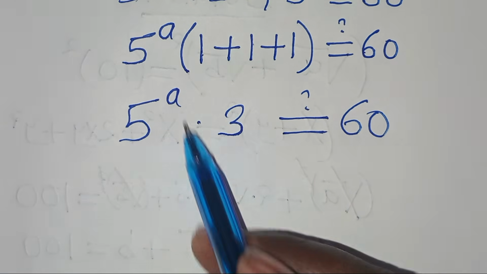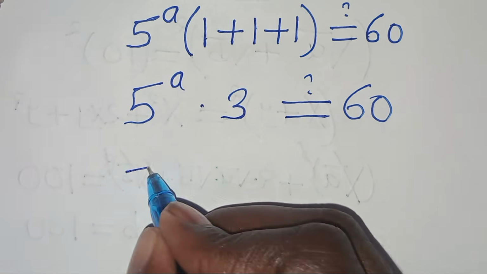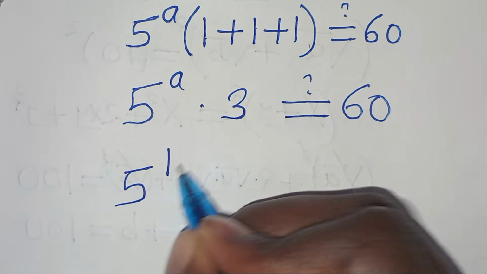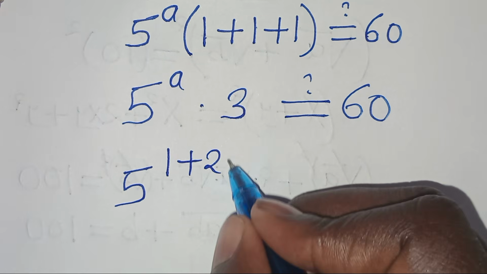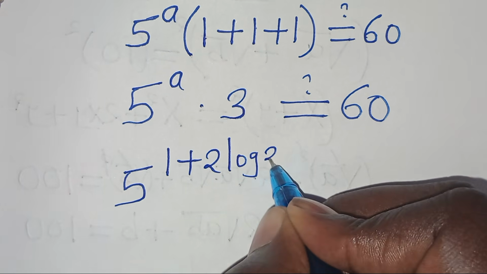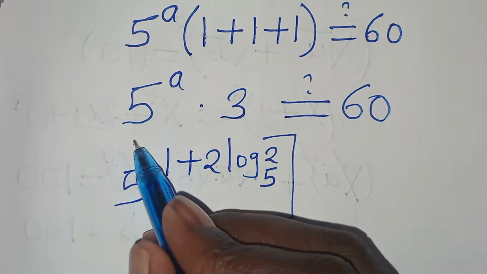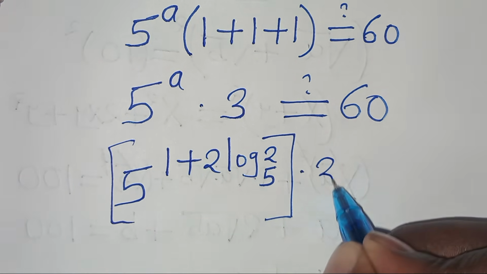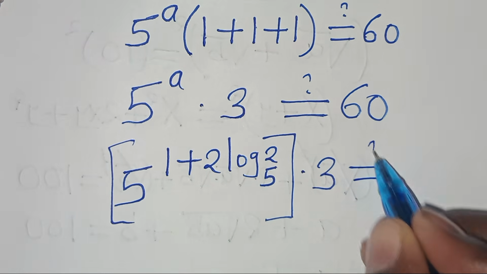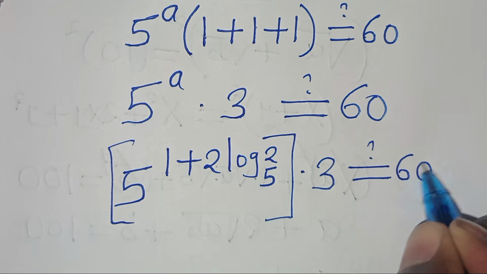Now let's substitute the value of a so that we have 5 to the power of 1 plus 2 log 2 to base 5, then everything here multiplied by 3. This is supposed to give us a value of 60.